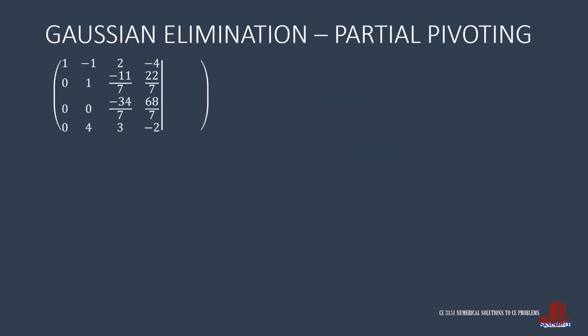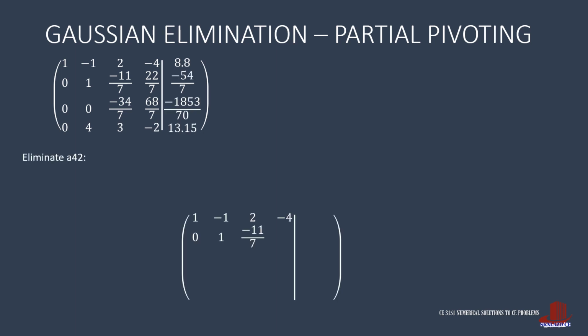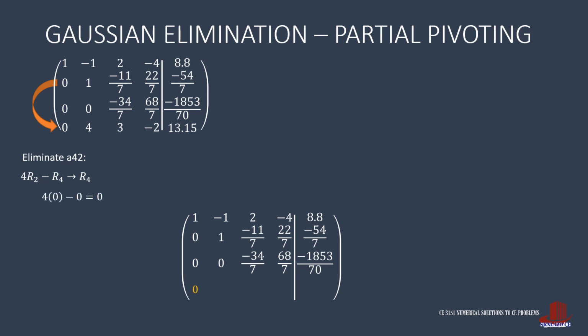We can now proceed to zeroing out element 4,2 with the equation 4 times row 2 minus row 4 as the new row 4. The first element is computed as 4 times 0 minus 0 to give 0. Next is 4 times 1 minus 4, giving 0. Then 4 times negative 11 over 7 minus 3 to have negative 65 over 7.